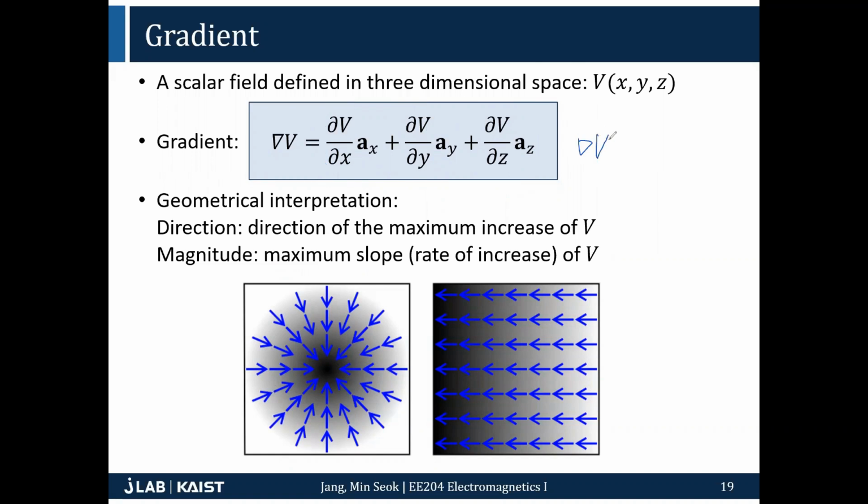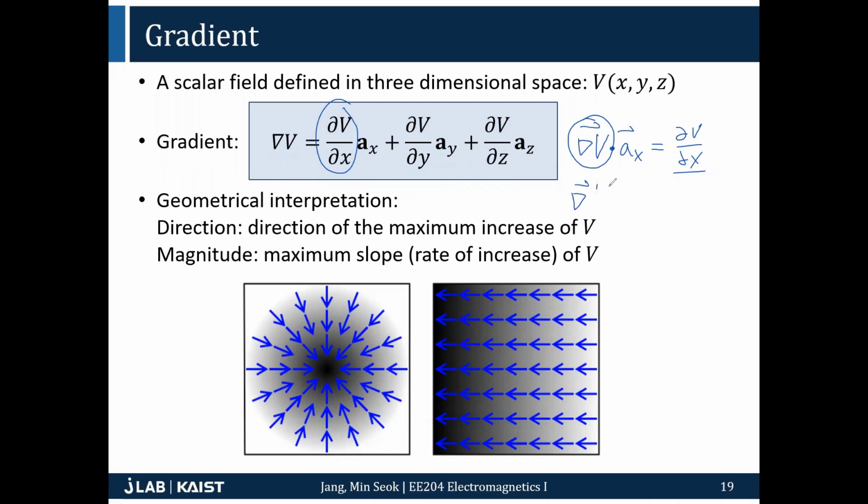Then what you need to do is this dot ax, right? This is a projection operation. So you have a gradient, and if you project the gradient along x direction, you end up having this, right? Exactly this is how you define the slope along x direction.